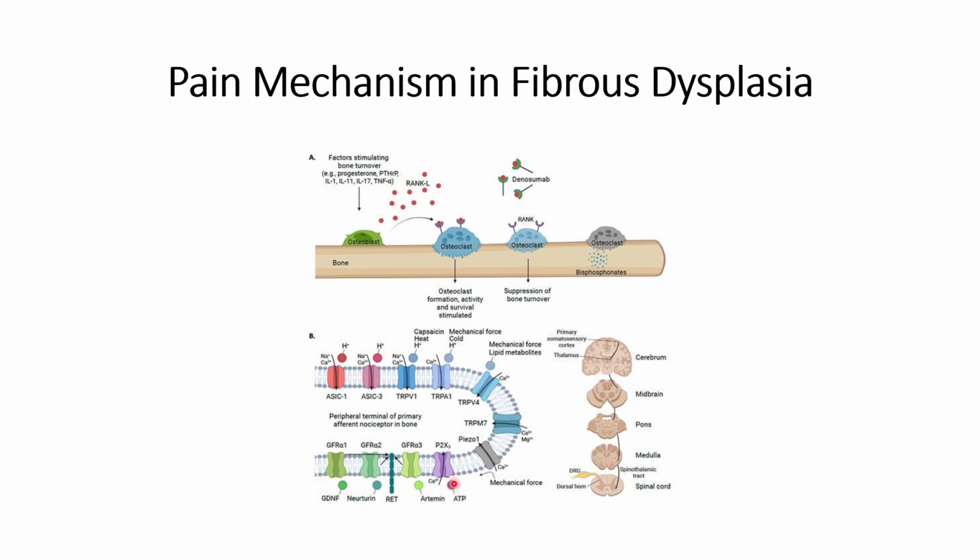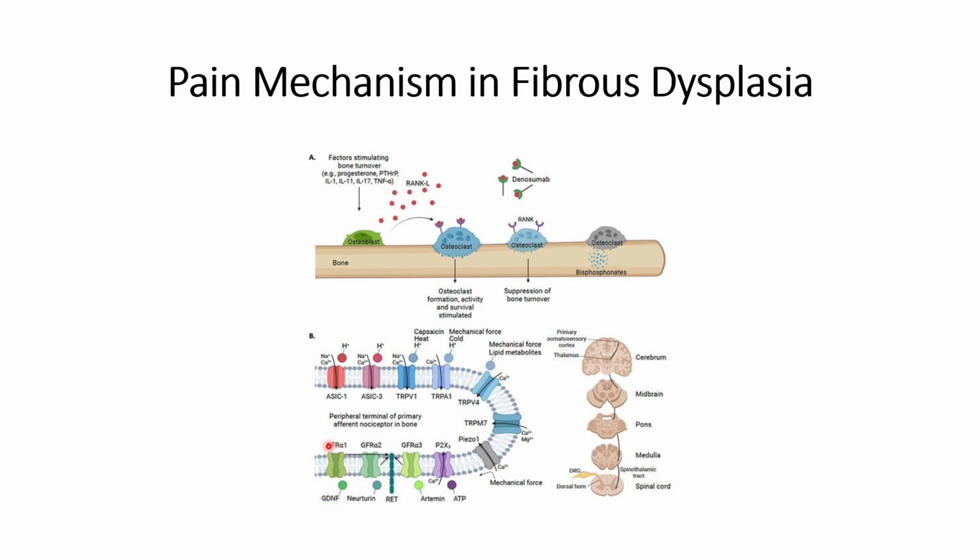Other factors that might also be a probable cause of the pain in fibrous dysplasia are GFR alpha 1, GFR alpha 2, and GFR alpha 3. These were also found in animal studies, when the genetic mutations that cause fibrous dysplasia were studied in animals.